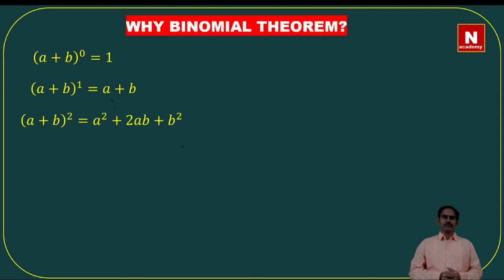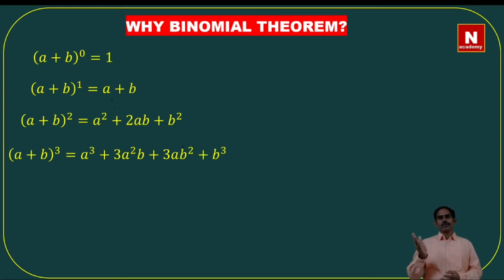And the third one, (a plus b) whole cube equals a cube plus 3a square b plus 3ab square plus b cube. If you observe, all the left hand side values are binomials, which consist of two distinct terms.